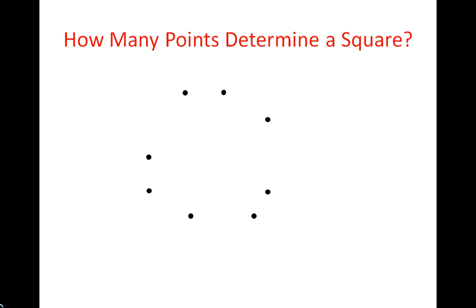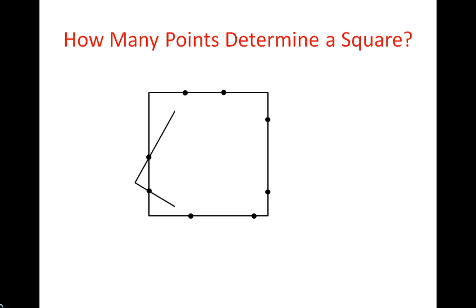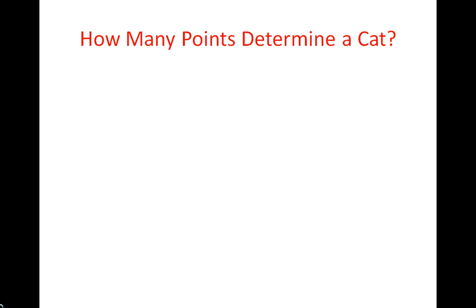No 3 points in this picture are collinear, so they probably determine a square, right? You couldn't possibly get more than one square through those points. There it is. Well, you're wrong again. There's the square. There's the second square that passes through those 8 points. Alright, so it turns out it's not a very good question, how many points determine a square. It's kind of silly actually, and that's why I didn't find any good links online.